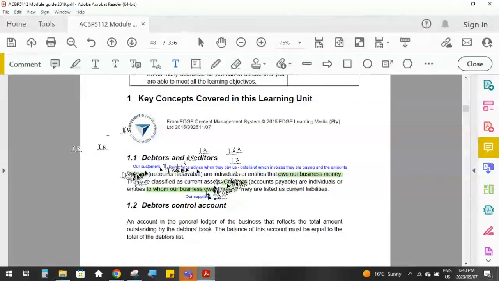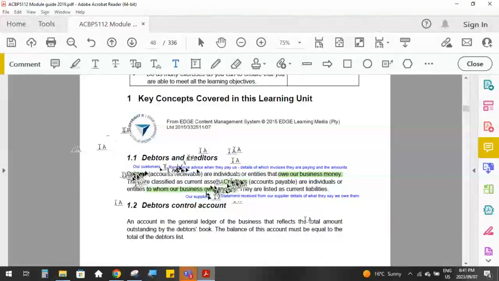So with our debtors, we'll reconcile that with the remittance advice received from them, and with our suppliers, the statement received from our supplier. And that has got the details of what they say we owe them.